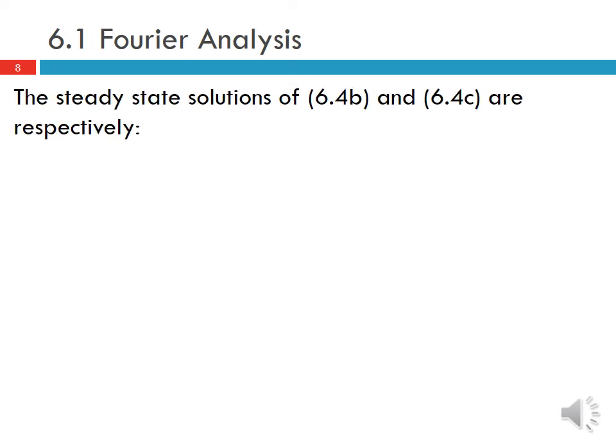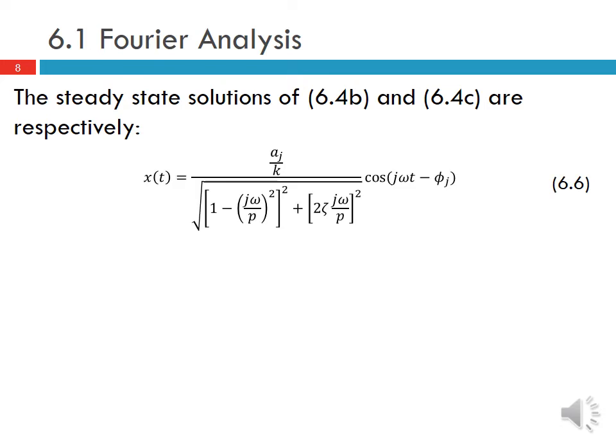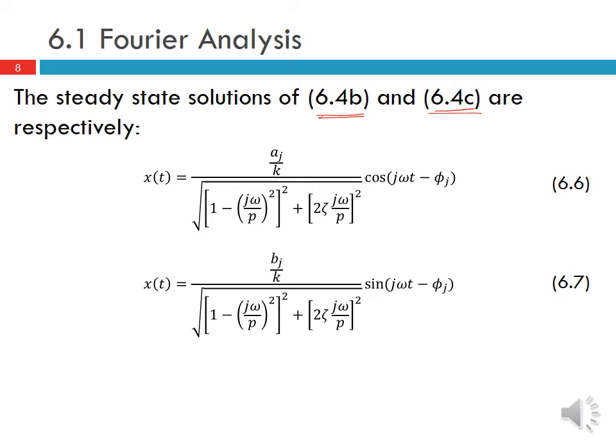So the steady state solutions to the two equations shown in 6.4b and c are shown here. This was the one for the a's, and this is the one for the b's.